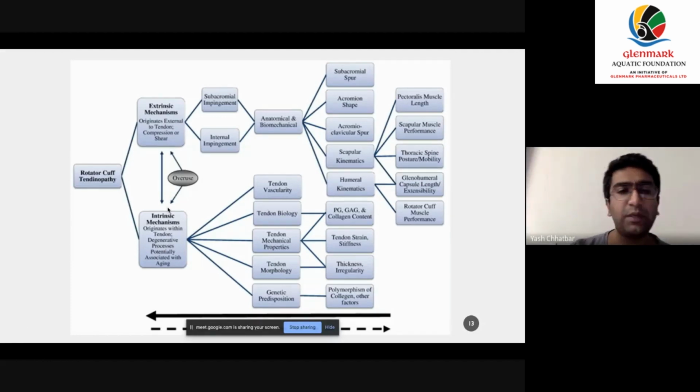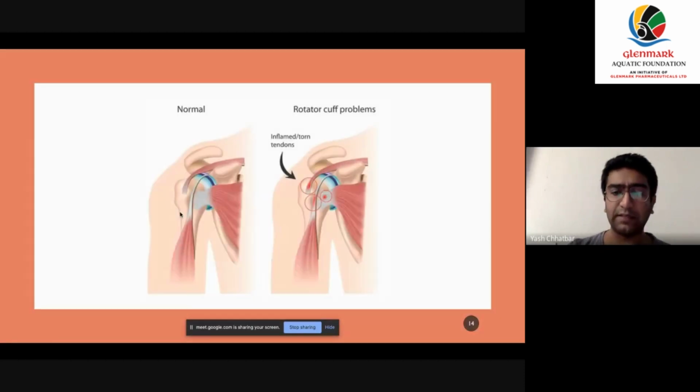Obviously, it swings between internal and external. Intrinsic would be a degenerative process potentially associated with aging. Again, we are all young, the recovery rate is fine, but overuse over here is the key. The volume decides the intrinsic mechanism and the extrinsic mechanism.